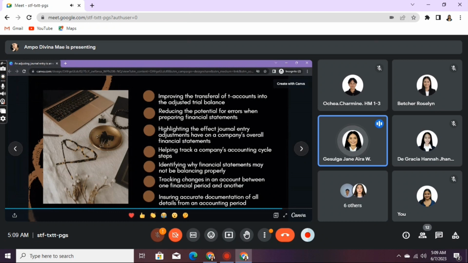Next is helping track a company's accounting cycle steps. Next is identifying why financial statements may not be balancing properly, tracking changes in an account from one financial period to another, ensuring accurate documentation of all details from an accounting period. Next slide, please.